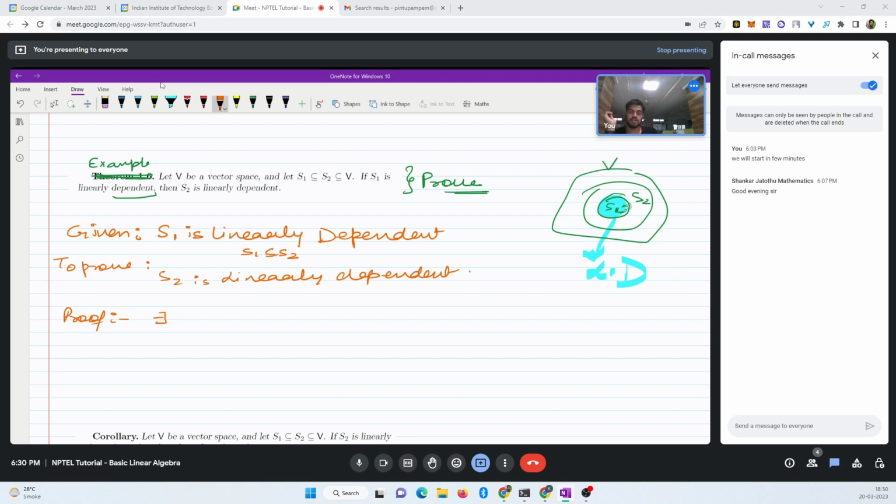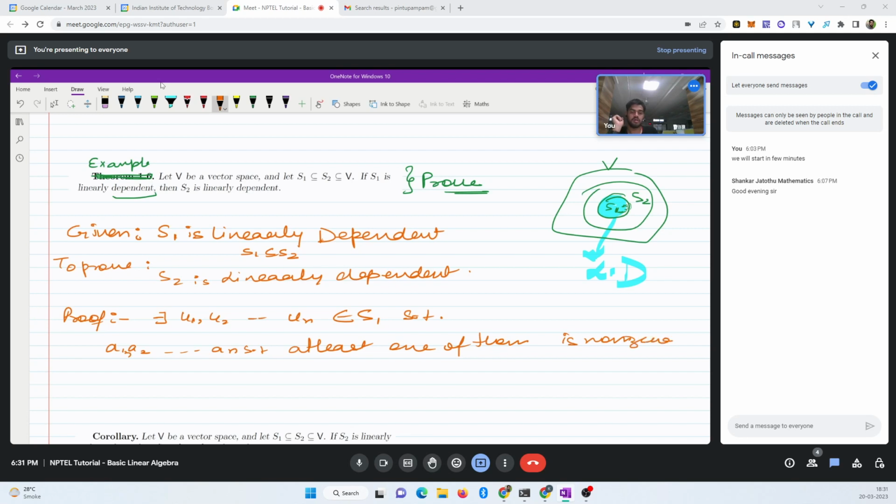There exist, let's say, U1, U2, Un, all belonging to S1, such that we have alpha 1, alpha 2, let's say A1, A2 only to avoid any confusion. So we have A1, A2, An, all of them, such that at least one of them is non-zero.